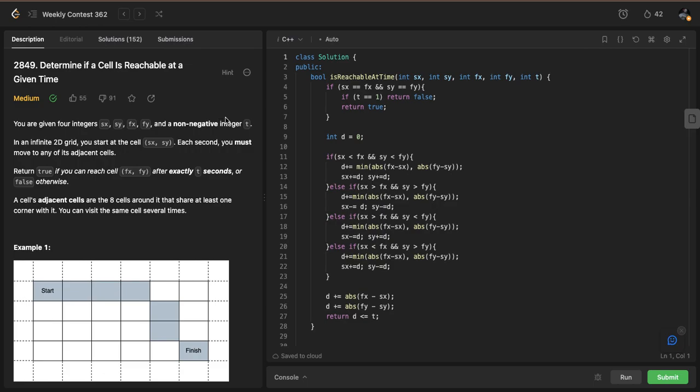So if we start on our objective and the timer is one, that means that we cannot reach it, right? Because we use that 1 second to move away, then we need another 1 second to move back.